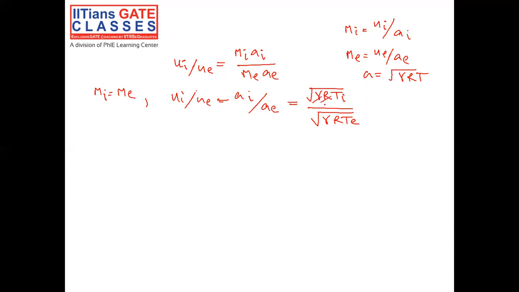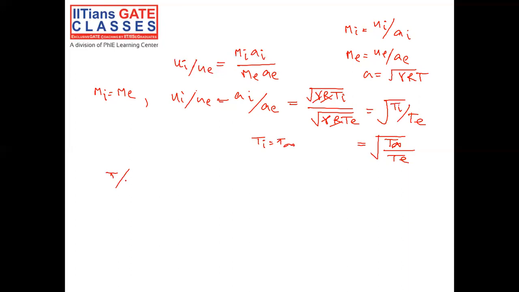So this gamma R gets cancelled, so it basically remains as root of TI by TE, right? Or TI can also be written as the free stream temperature, T infinity by TE. TI equal to T infinity.